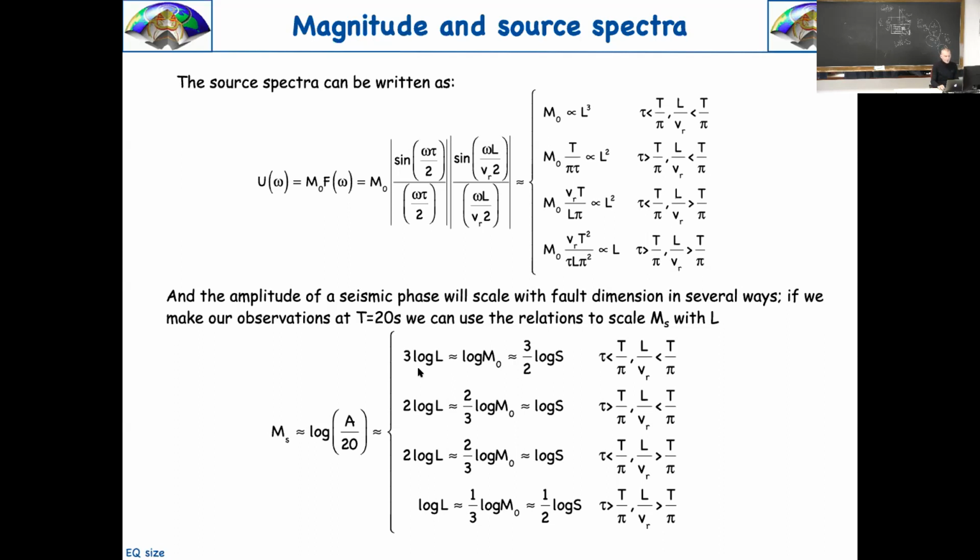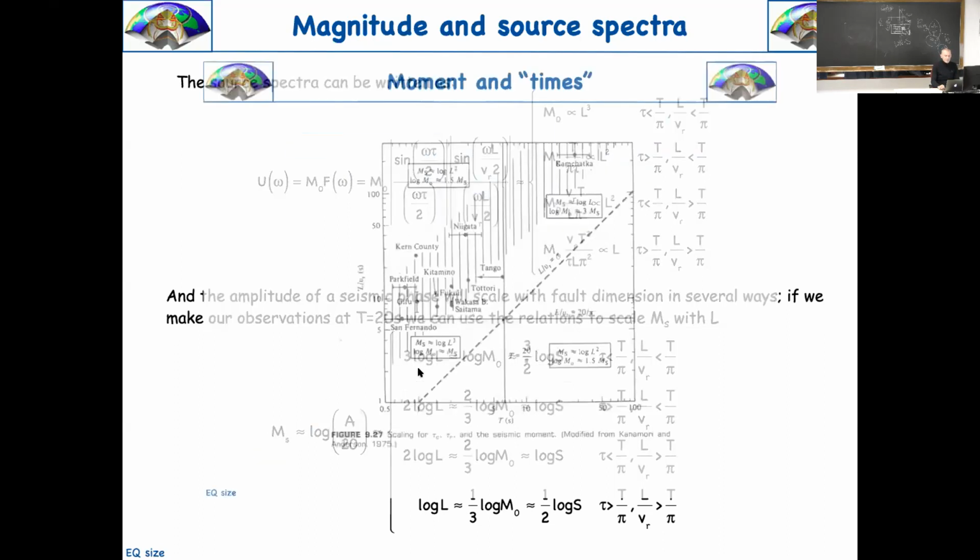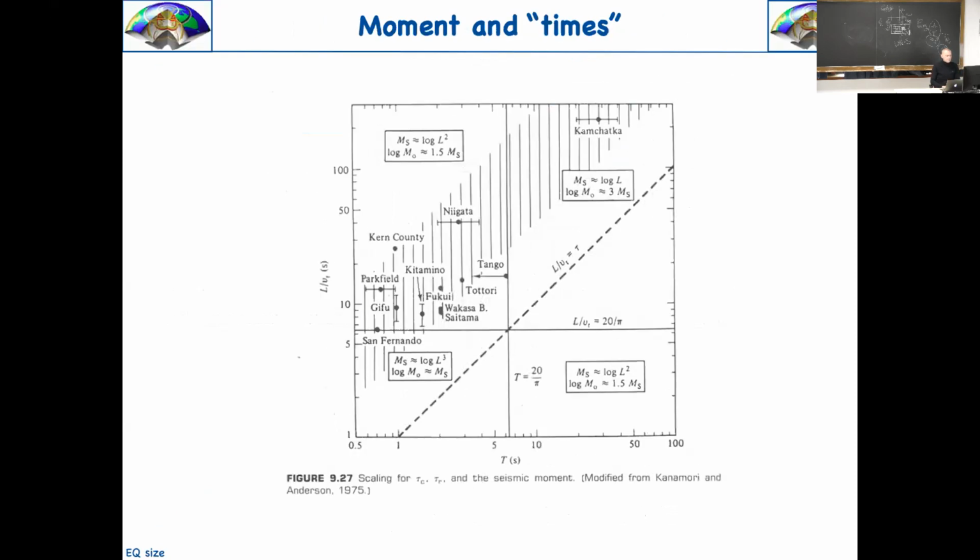The summary of all this mess is in this picture here. Now, they took all the large events that they studied, they put a plot. Here we have, in our jargon, this is rupture time and this is rise time. And here you see the line of 20 over pi.